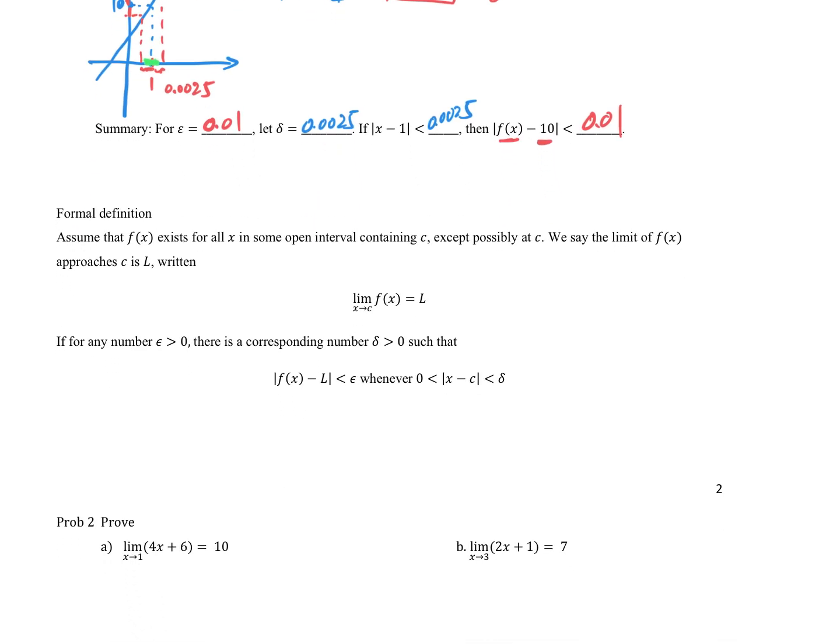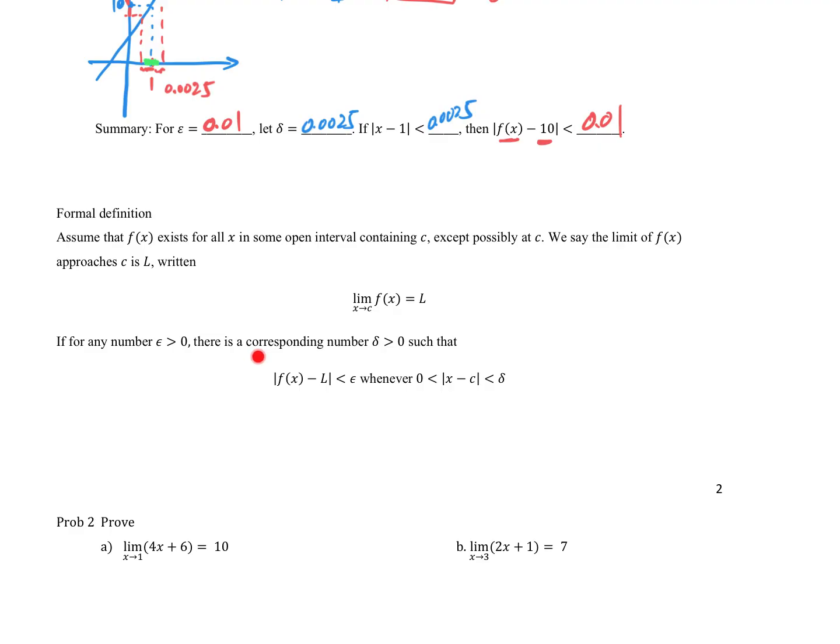And here's the formal definition. The formal definition says, assume that f exists for all x in some open interval containing c, except possibly at c. And this limit exists if the following is true: for any epsilon greater than 0, this epsilon is how close you want the y value of the function to be to the limit L. So you specify that.